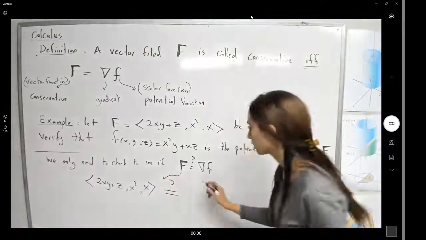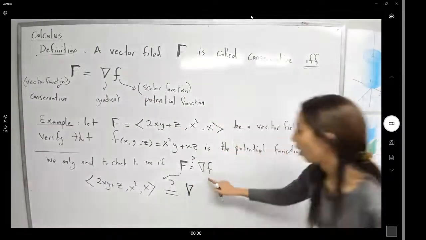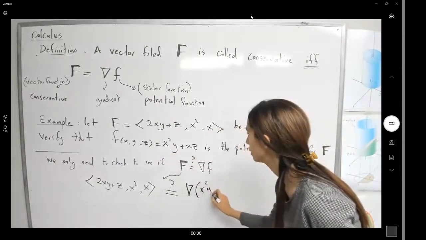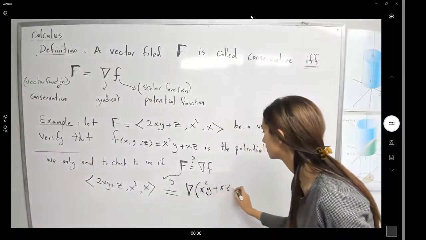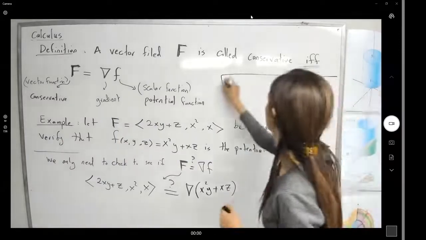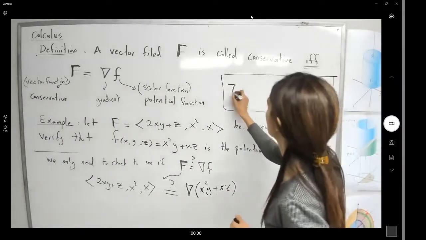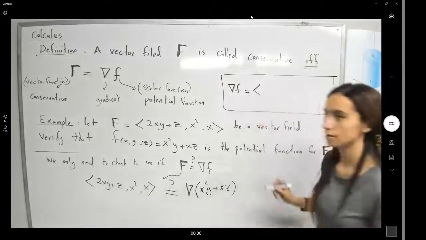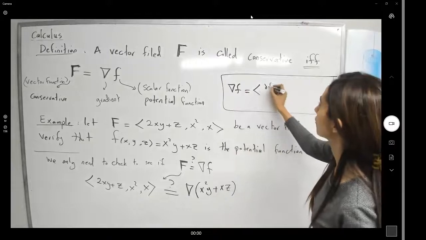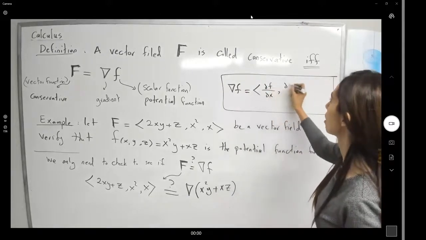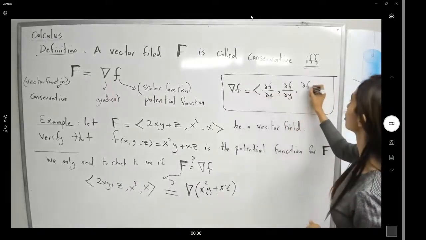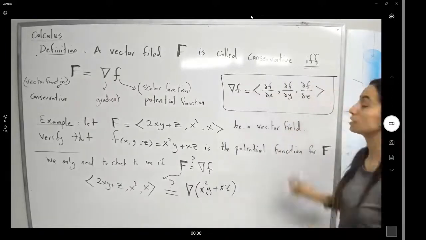On the right-hand side, you have the gradient of this scalar function, which is x squared y plus xz. But what is the gradient of a function? Recall that the gradient of a function is a vector function: partial derivative of f with respect to x, comma, partial derivative of f with respect to y, comma, partial derivative of f with respect to z.